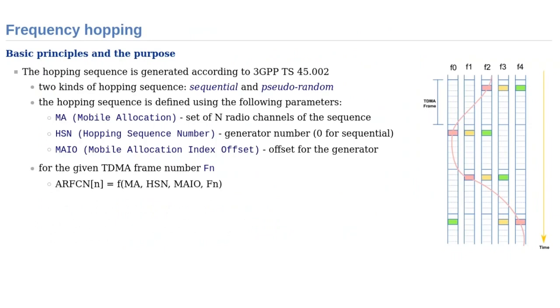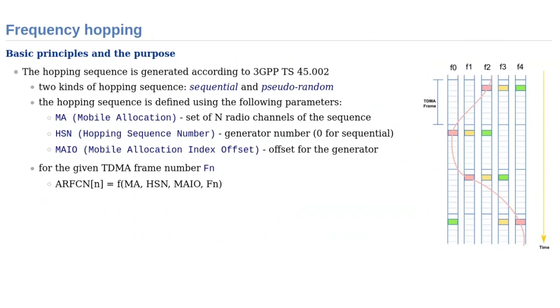The algorithm of sequential frequency changes is defined by 3GPP, and there are two kinds of hopping. One is just sequential, so if you have, let's say, 3 channels, it will just hop between those in sequential order. And there is pseudo-random, a kind of sophisticated algorithm by 3GPP, where it's not secret at all, everything is specified. You basically have 3 parameters that define the hopping sequence.